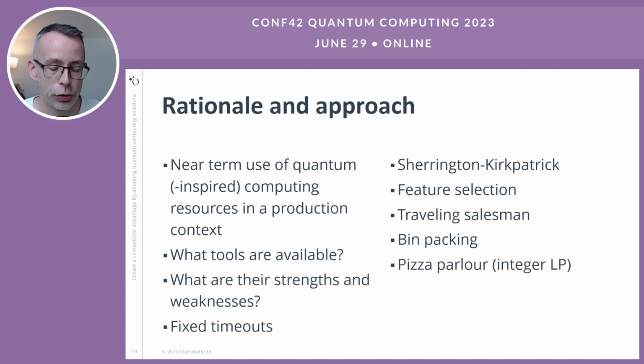Of course, we also work with circuit-based quantum computers, because it is our job to spot where and when they will be useful for our customers. But at the moment, an awful lot of our work is done with annealers, so we want to know what tools are available in the market, how well they perform across a range of different problem types, and what their strengths and weaknesses are.